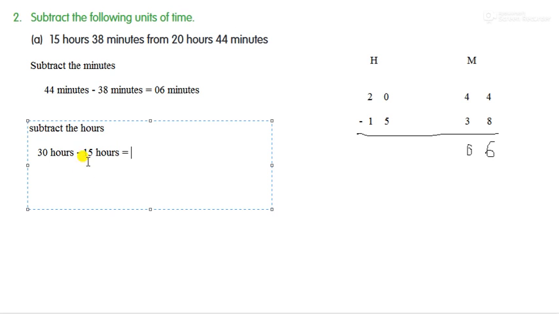Sorry, here 20 minus 15 is 5 hours. So write the 5 in the hours column.